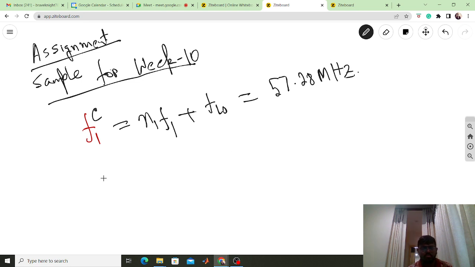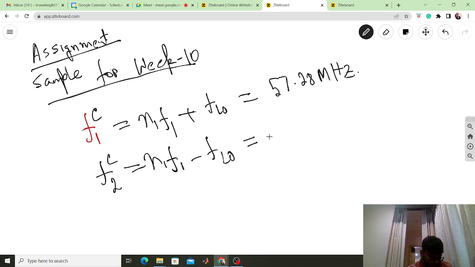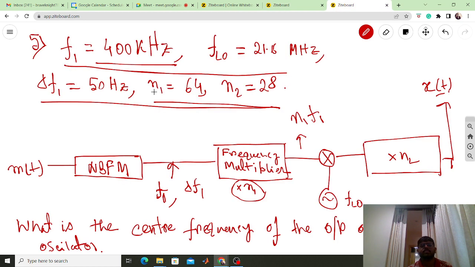Just check with your calculator once. And the other one, f2c, will be n1 f1 minus FLO, and that should come around 4 megahertz. So n1 and f1 values are given in the question.